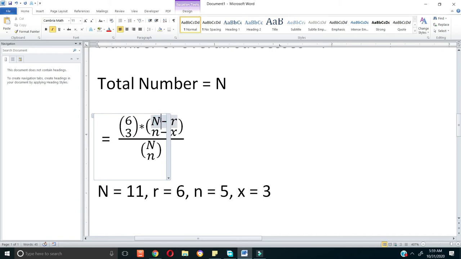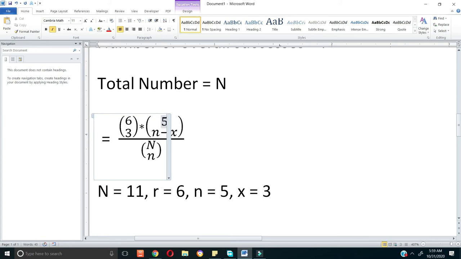Then N uppercase is the total number of balls, which is 11 in our case, and N minus r is the number of blue balls, which is 5.